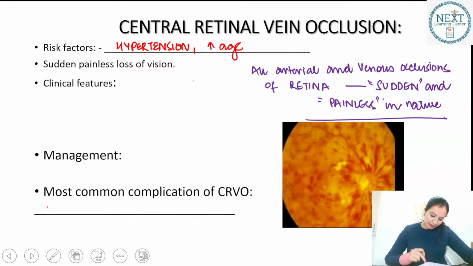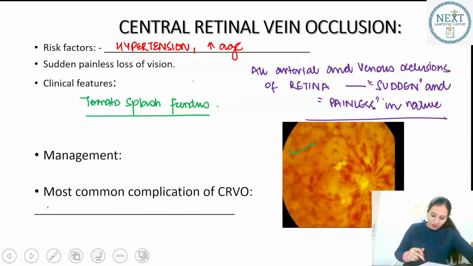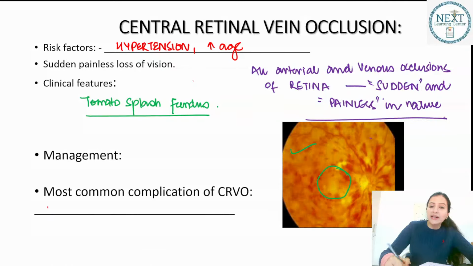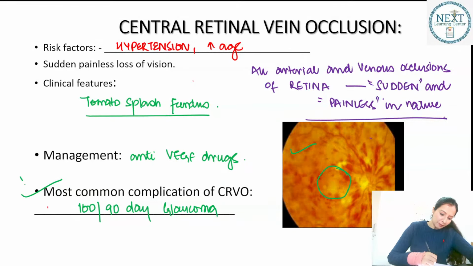The clinical feature is what you call tomato splash fundus. This is a previous year question. Talking about the management, there is edema in the macular area, so you are going to give anti-VEGF drugs. The most common complication of CRVO is 100 day glaucoma. This is again a previous year question.